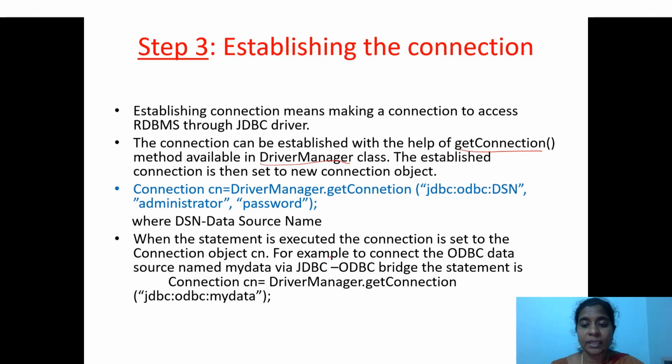For example, to connect the ODBC data source named mydata via the JDBC ODBC bridge, the statement is Connection cn = DriverManager.getConnection. If you are going to use ODBC, then you have to say jdbc:odbc, and here it is mydata. So the source name is mydata, and that has to be mentioned properly.